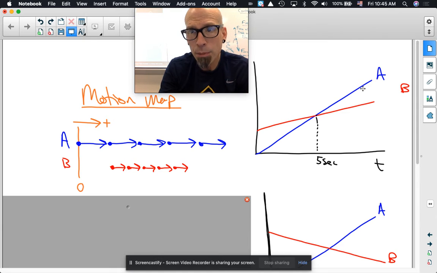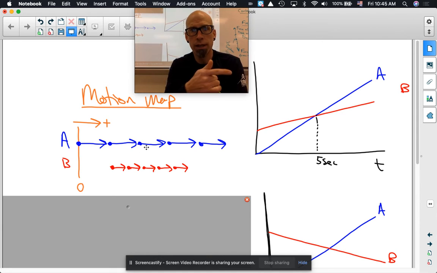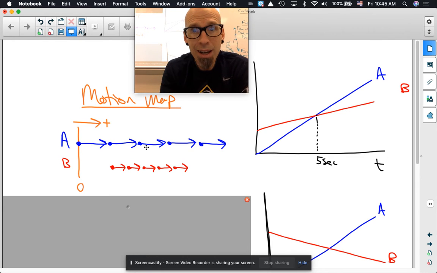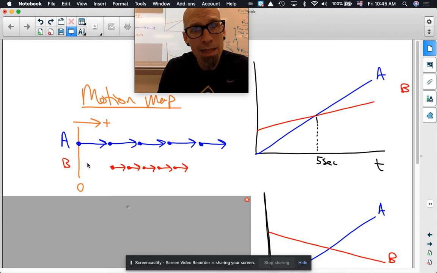And because A has a positive slope, we make our arrows pointing positive. And because A has a constant slope, that means it has a constant velocity. That means all the arrows for A need to be the same length. So that's A's motion described in a motion map.